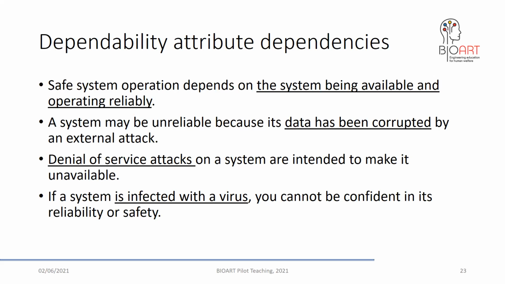And now we will look at what is common in these attributes in definition and what is different, one by one. Safe system operation depends on the system being available and operating reliably. A system may be unreliable because its data has been corrupted or because of an external attack.